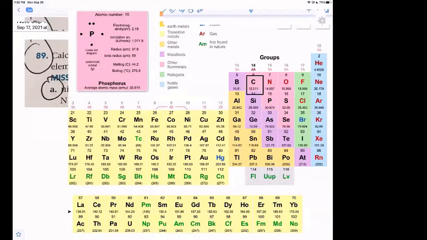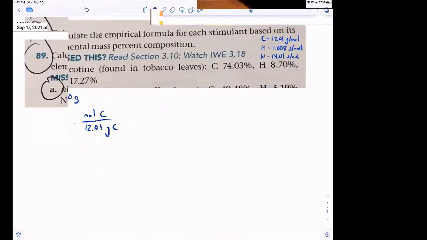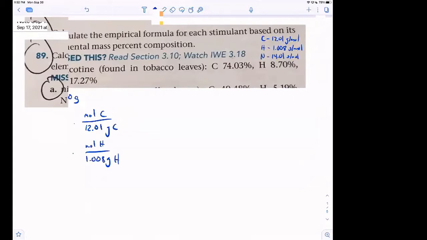Carbon is 12.011. Hydrogen, mole hydrogen per 1.008 grams hydrogen, again the bottom number on the periodic table. And mole nitrogen per 14.01 grams nitrogen. Is everyone doing okay so far? Where are these numbers coming from?